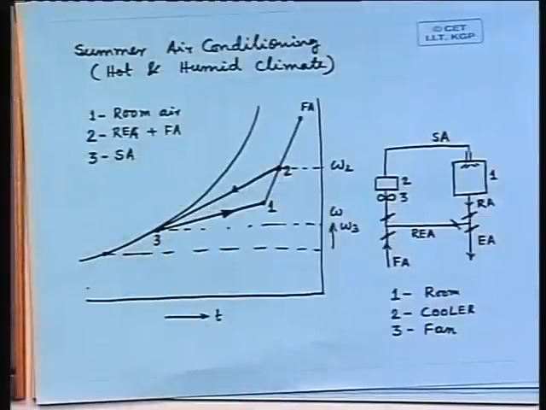In other words, W2 is fixed, so we have to make W3 very small. That happens in a number of cases when there is a lot of moisture in the air going through the cooling coil, or when inside the room itself the air has to pick up a lot of latent heat and moisture.